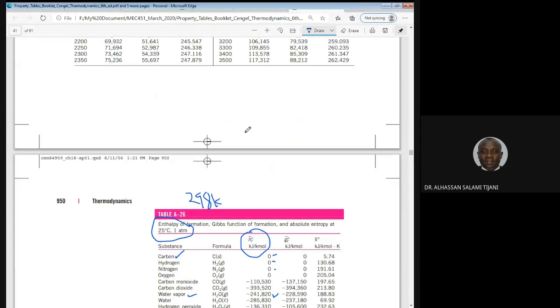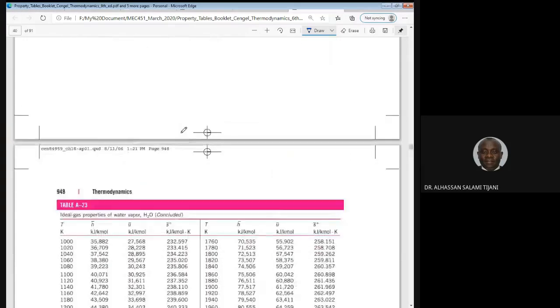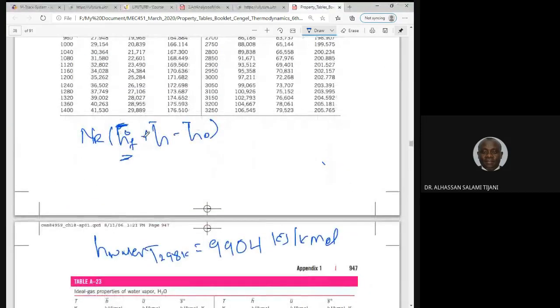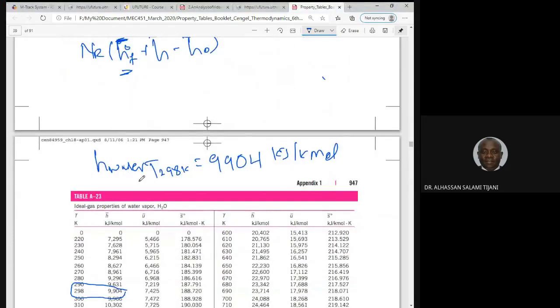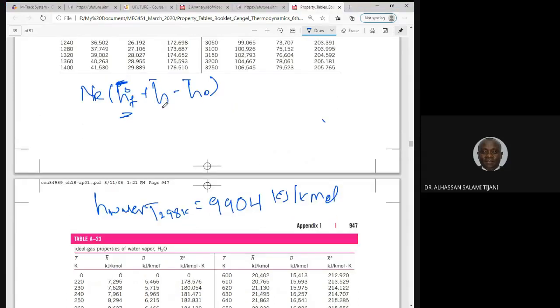This is different from the enthalpy of the water at a given state. Given state means 25 degrees Celsius, 298 Kelvin, and that is this enthalpy.